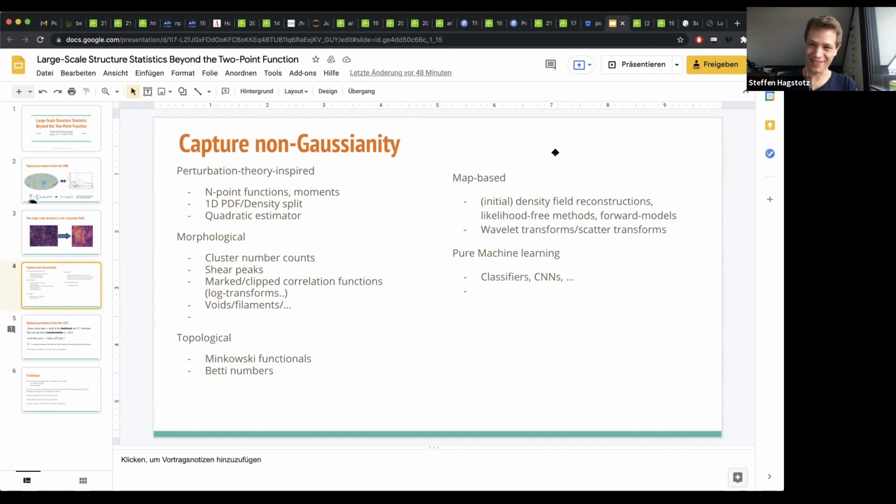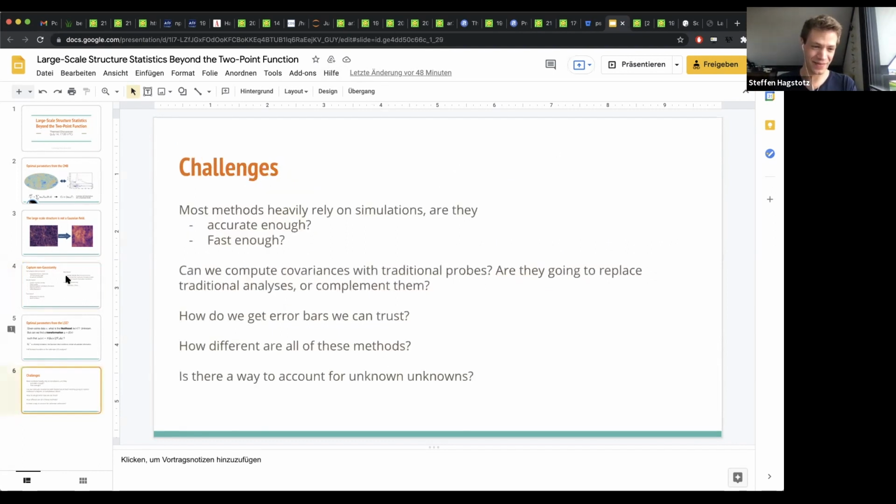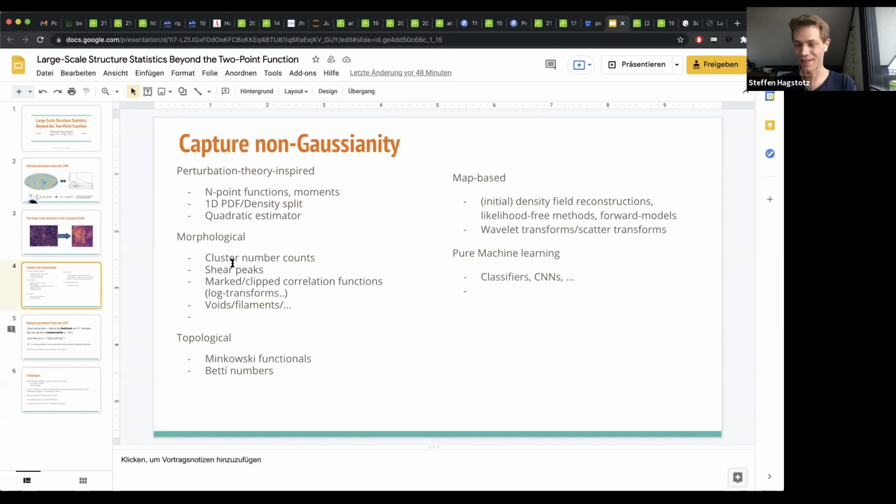Maybe, just to close, one thing that I keep thinking about, and I don't know the answer: if you want to extend your 2-point statistics with some of these probes that we listed here, is there a correct answer for what you should choose? Usually not, right?